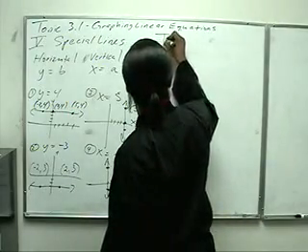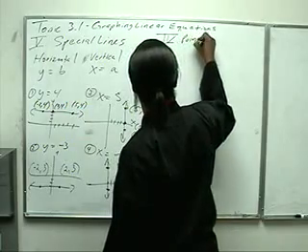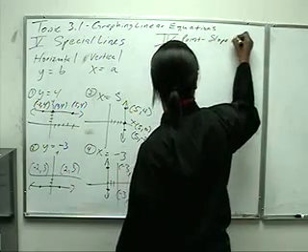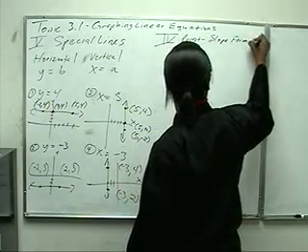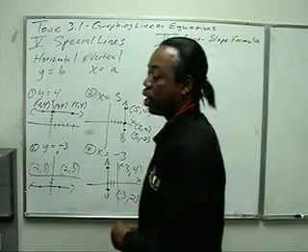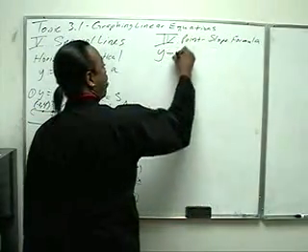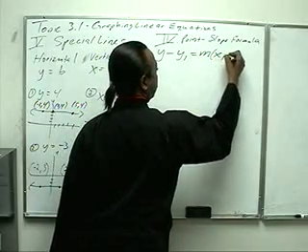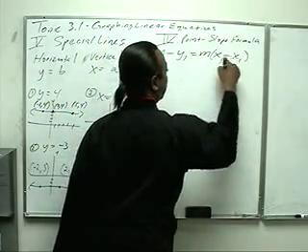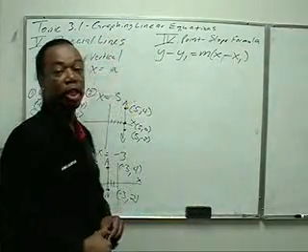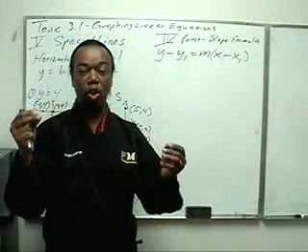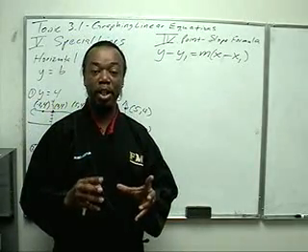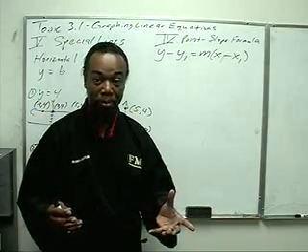Now, let's talk about the point-slope formula. The purpose of the point-slope formula, which is y minus y1 equals m times (x minus x1), is to take a point and a slope, put it inside this equation right here, and eventually develop a linear equation, y equals mx plus b.